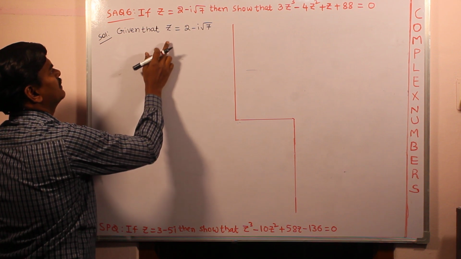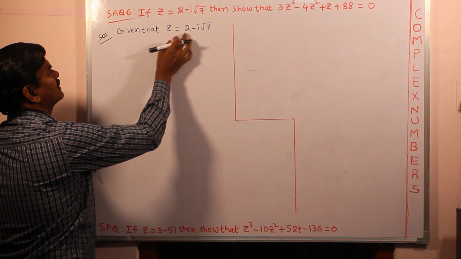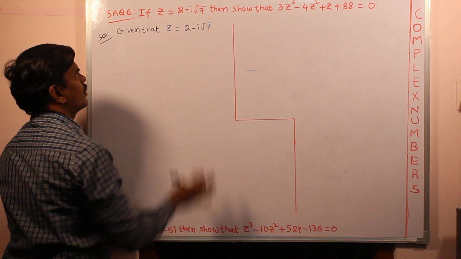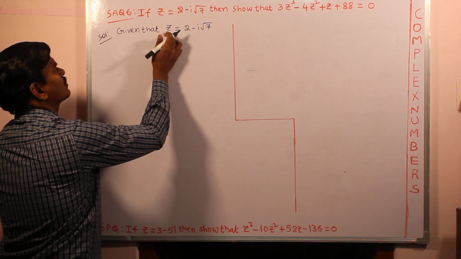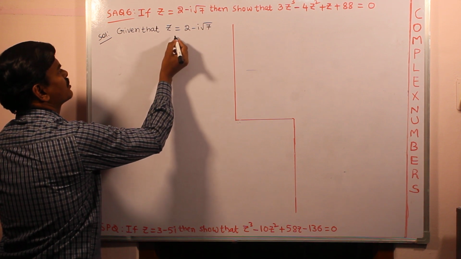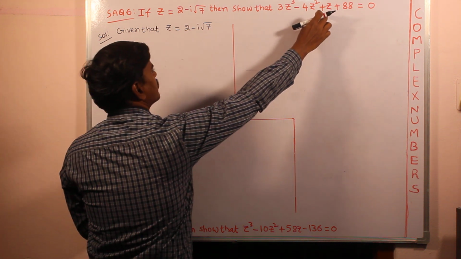In that method, let us convert this into a quadratic equation. So how to convert into a quadratic equation? By squaring on both sides. This looks like a cubic equation, no?